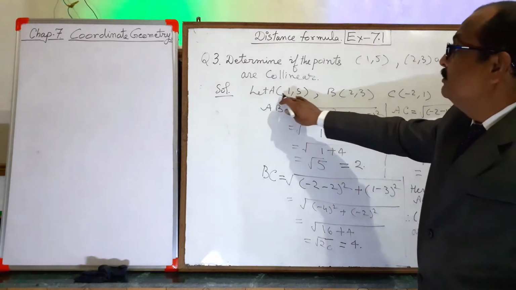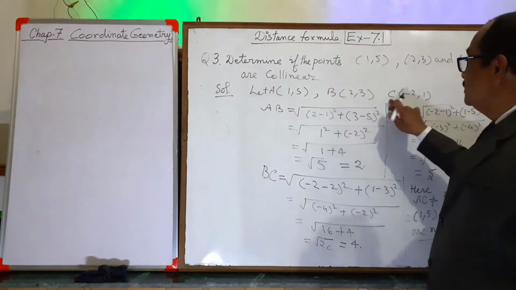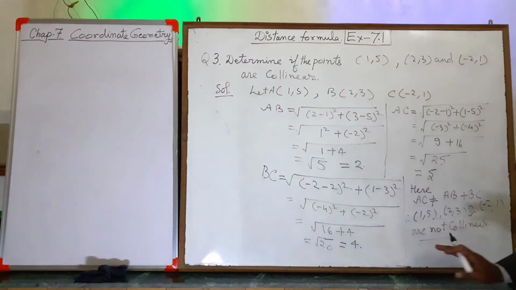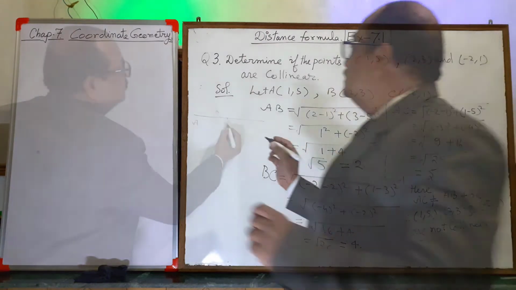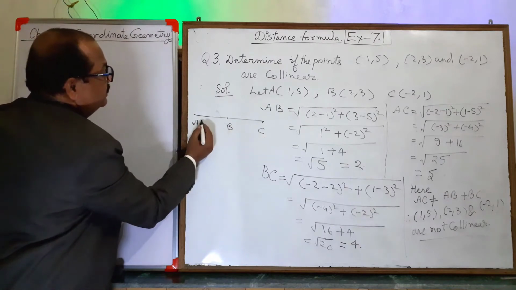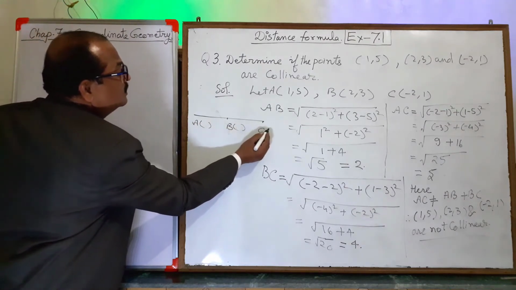If the distance AB plus BC is coming equal to AC, then we can say these 3 points are collinear. Suppose these 3 points A, B, C are given, their coordinates are known.